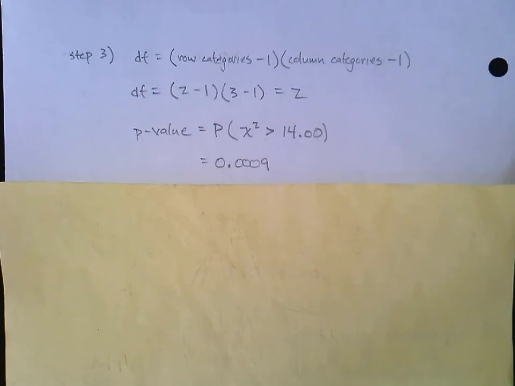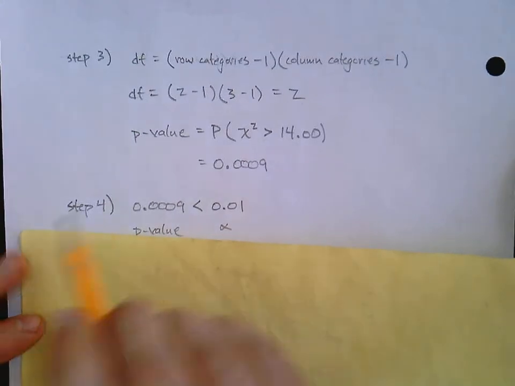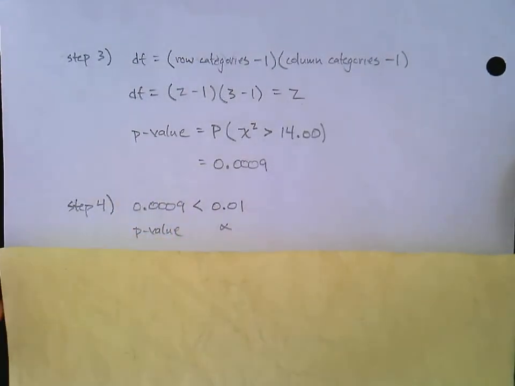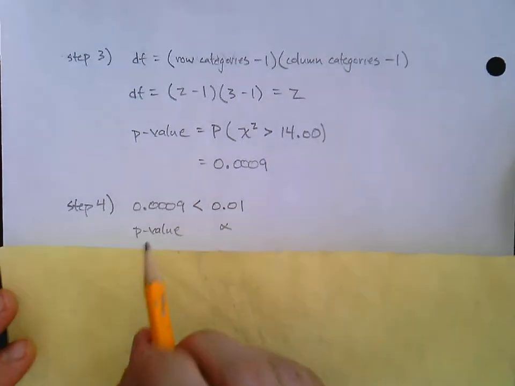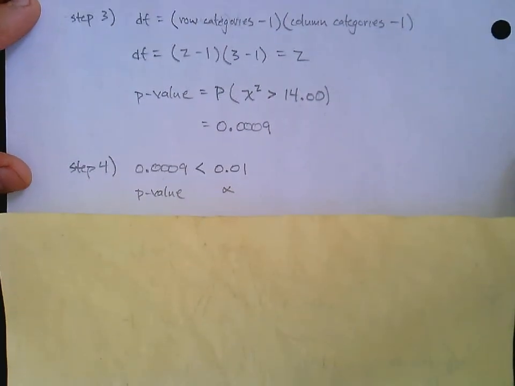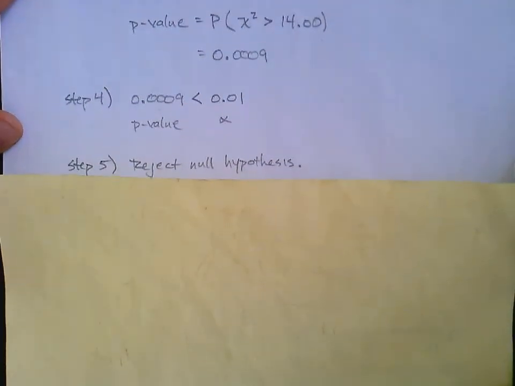Okay. We're almost there. Let's compare that to our alpha. Well, 0.0009 is less than our alpha of 0.01. Again, we got that 0.01 for alpha. And so, because our alpha is bigger, we reject the null hypothesis.